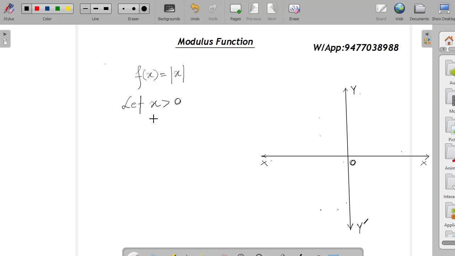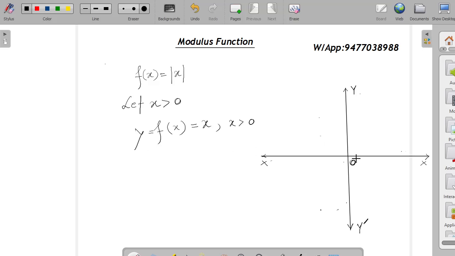So we have for x greater than 0, f of x would be x. Mod will open with a positive sign when x is greater than 0. Now this is nothing but a straight line y equals x, since f of x is y.